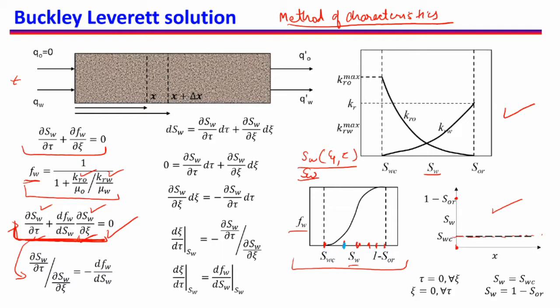We know that SW changes with xi and tau, so the change in SW in this particular porous medium we can write in terms of tau and xi. So we can write dSW as del SW by del tau into d tau plus del SW by del xi into d xi.